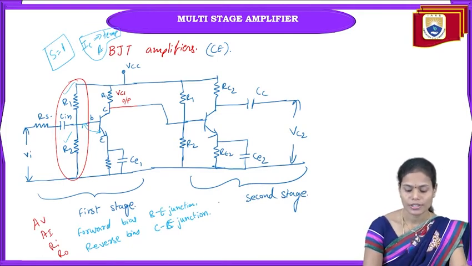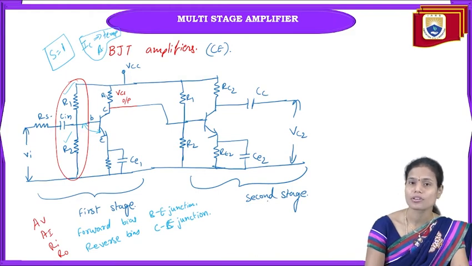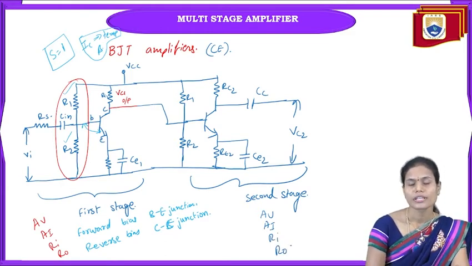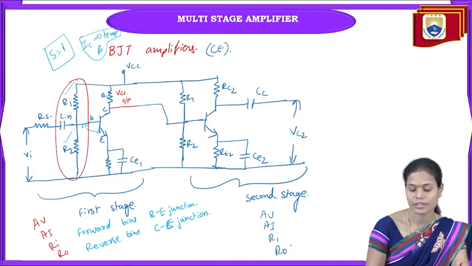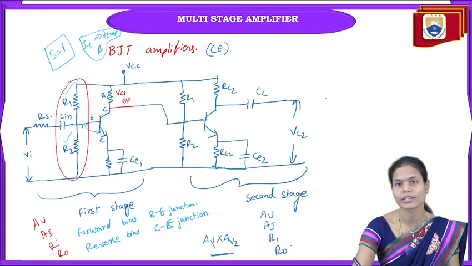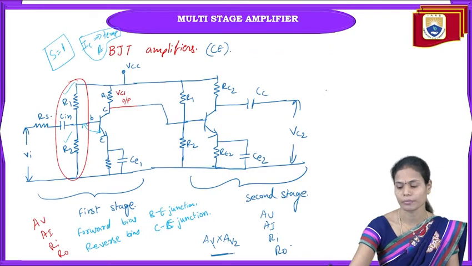This second stage also provides its own voltage gain, current gain, and input and output impedances. When we connect the single stages to make a multi-stage amplifier, the gain is multiplied here. So overall we get more gain compared to the single stage amplifier.